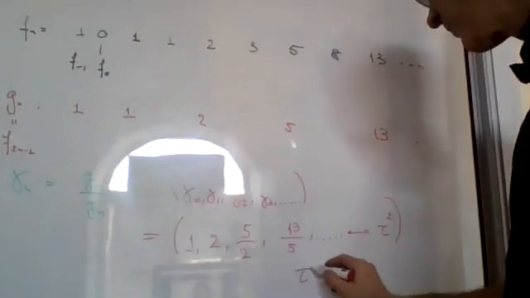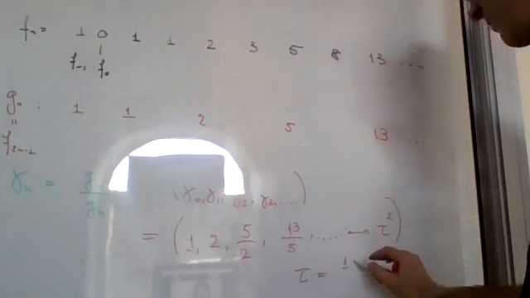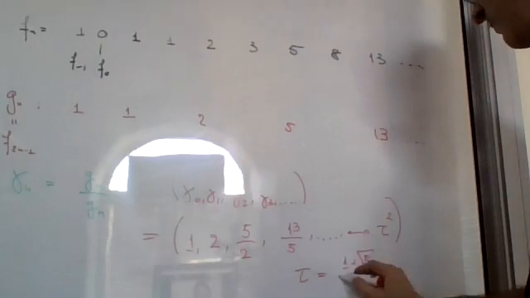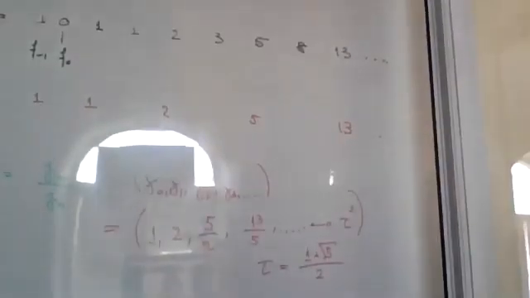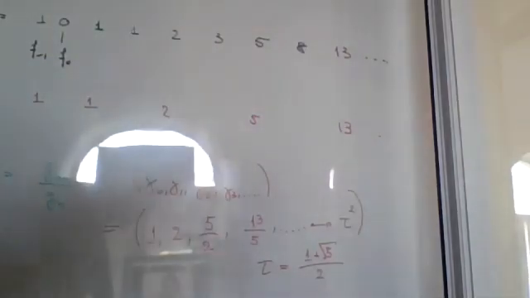And tau is the golden ratio. Okay, so now with the sequence gamma n, I can tell you how you get the stairs.